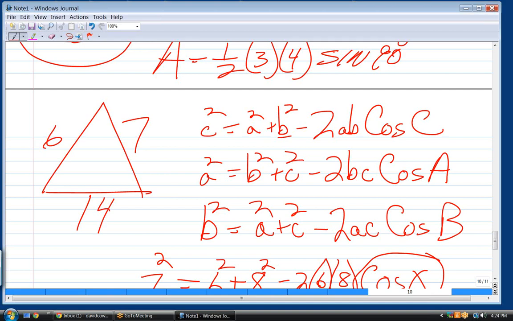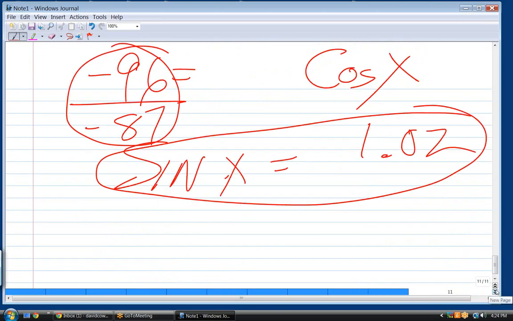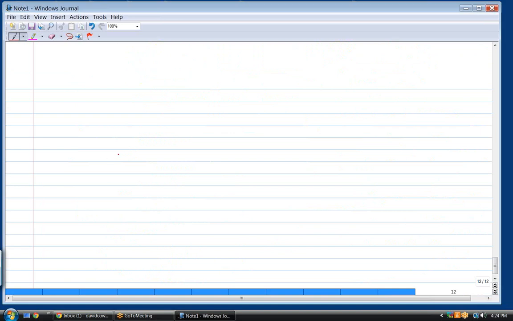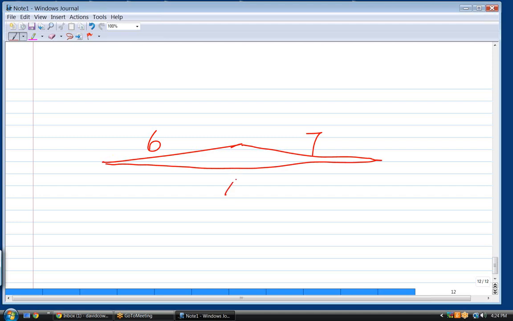Those two rules apply to all triangles. Notice that if I tried to draw a triangle that had a side of 6 there and a side of 7 there, there's no way that side could be 14. The shortest distance between 2 points is a straight line.